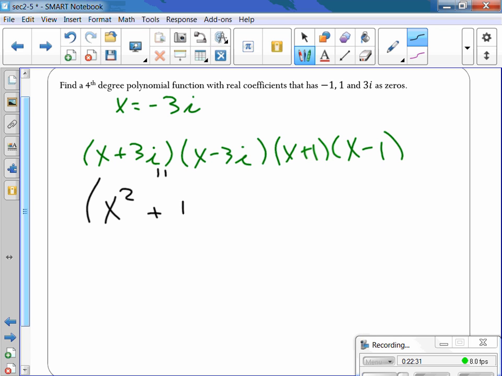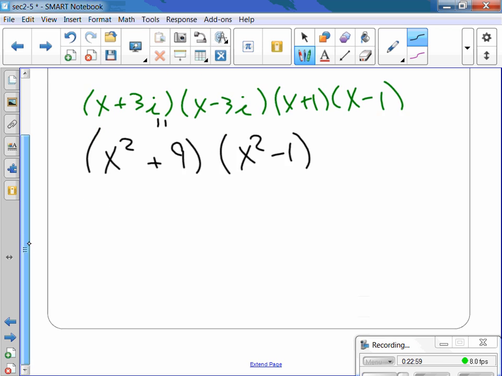As you can see here, when I have my first term squared and my second term squared, and it's plus, it behaves pretty much just like our difference of squares, but with imaginary numbers. Likewise, with my x plus 1 times x minus 1. So here we have x squared plus 9 times x squared minus 1.